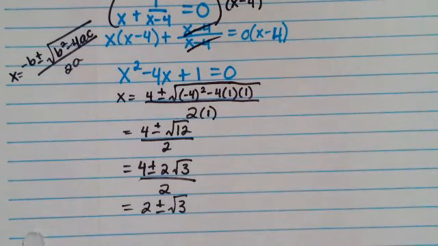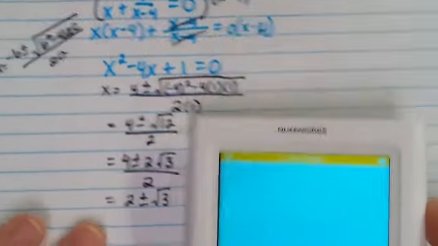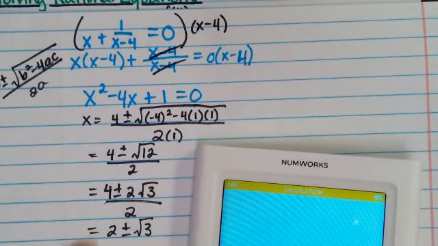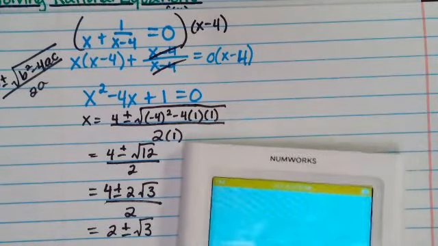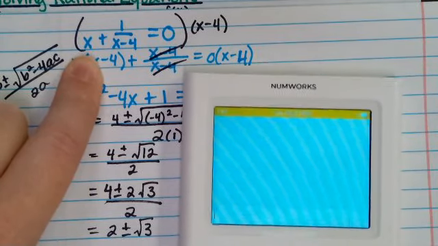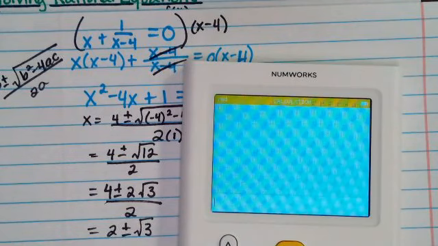So let me make sure I'm not grabbing the wrong calculator. I have something preloaded into one. Okay, so one thing that we can do is go into your calculator and you can literally use this along with the original problem. Now I can't say plus or minus, but I can do them separately. So we can type this equation in, and then we can tell the calculator to check these values.